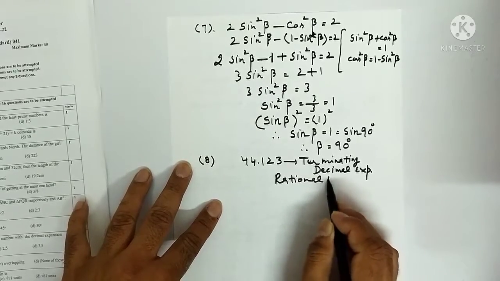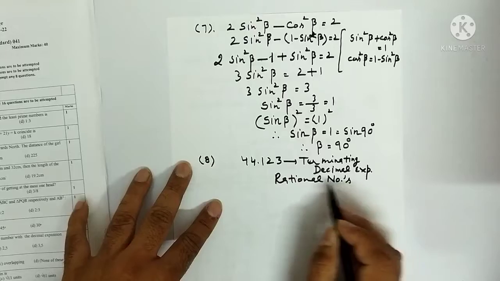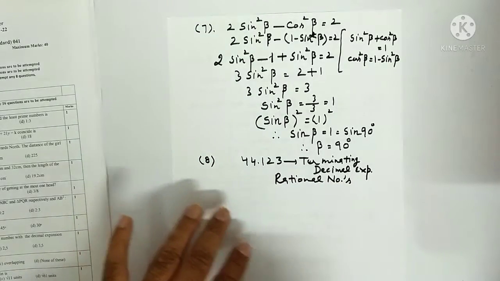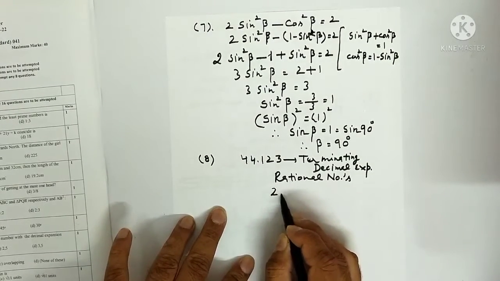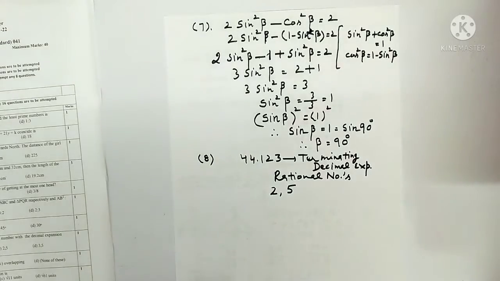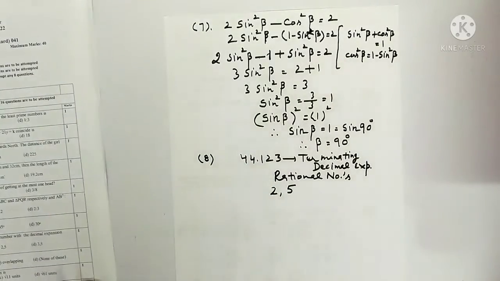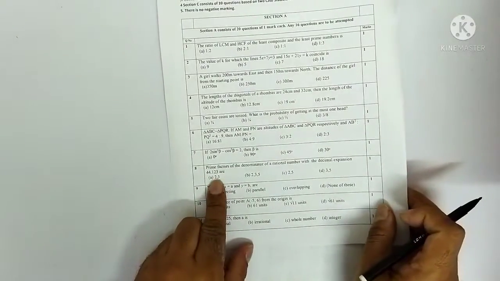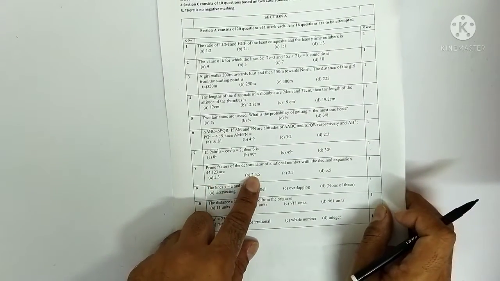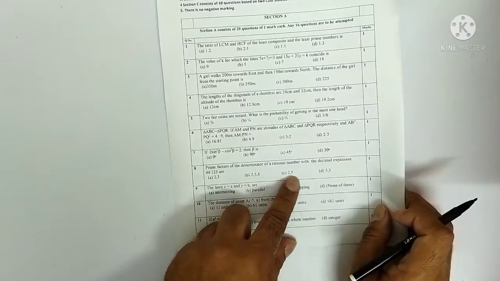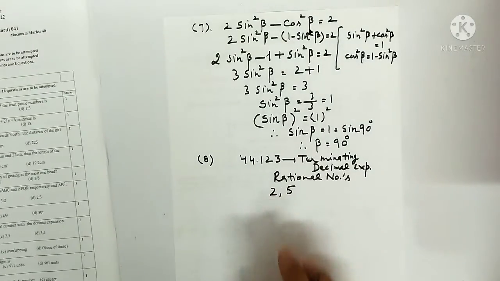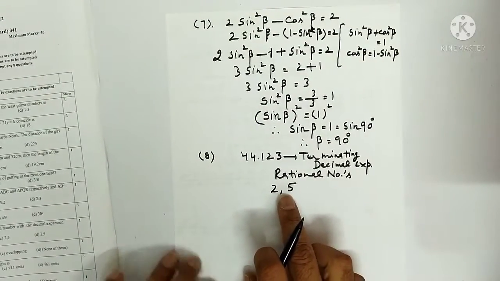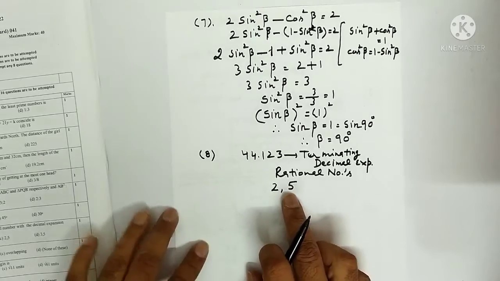Rational numbers. वो नंबर जिनकी डेसिमल रिप्रेजेंटेशन टर्मिनेटिंग होती है उन्हें रैशनल नंबर्स बोलते हैं. और रैशनल नंबर्स के प्राइम फैक्टर्स they are always 2 and 5 or 2 or 5. So here the options are there. What? 2 and 3, this is not possible. This is also not possible because here 3 is extra. Here this is also not possible. This is true option. That a rational number has prime factors of denominator as 2 and 5.